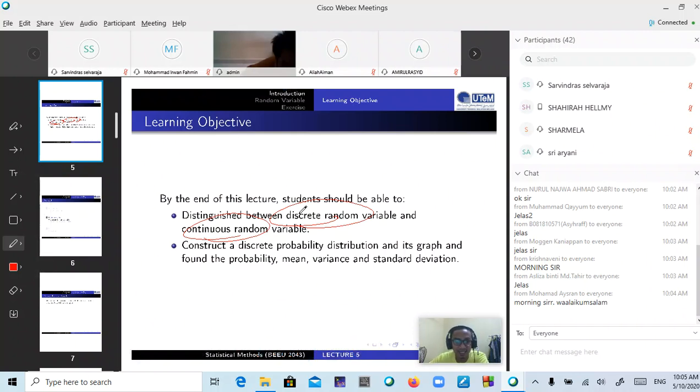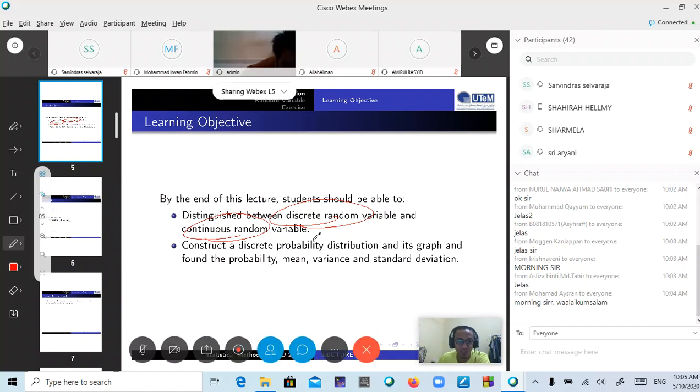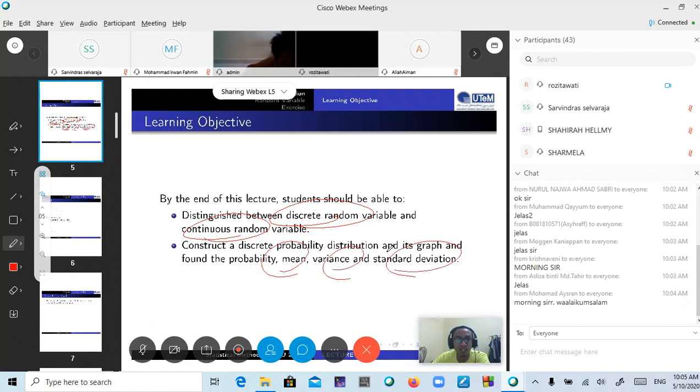Then, if you understand what a discrete random variable is, you can construct a probability distribution for discrete random variables and also find the mean, variance, and standard deviation when the question involves discrete random variables.